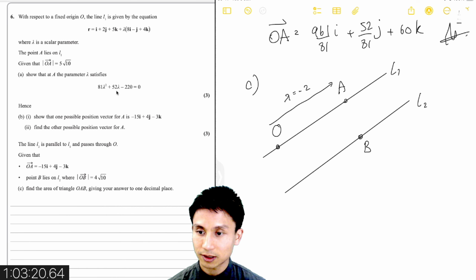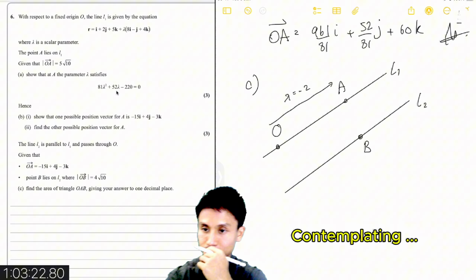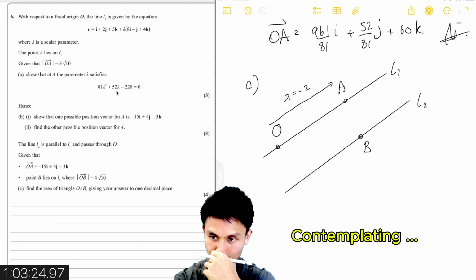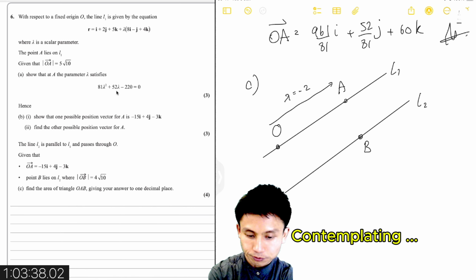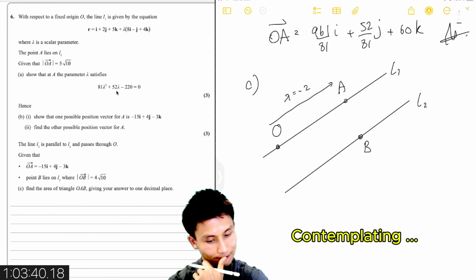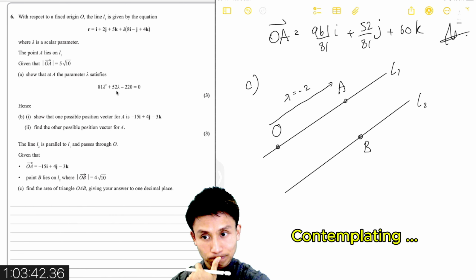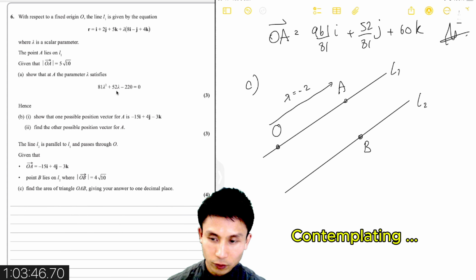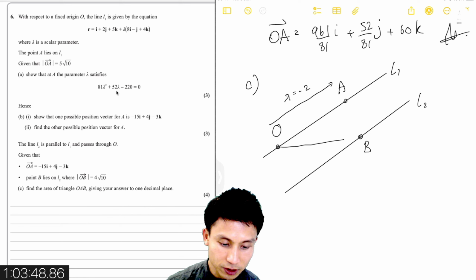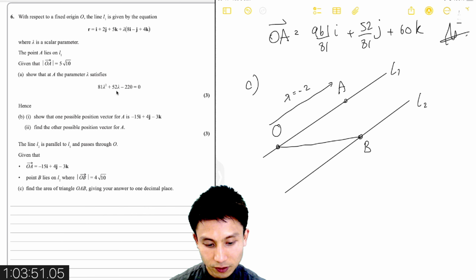All right. So we know OB here, 4√10. Yeah, okay. So this is 4√10.